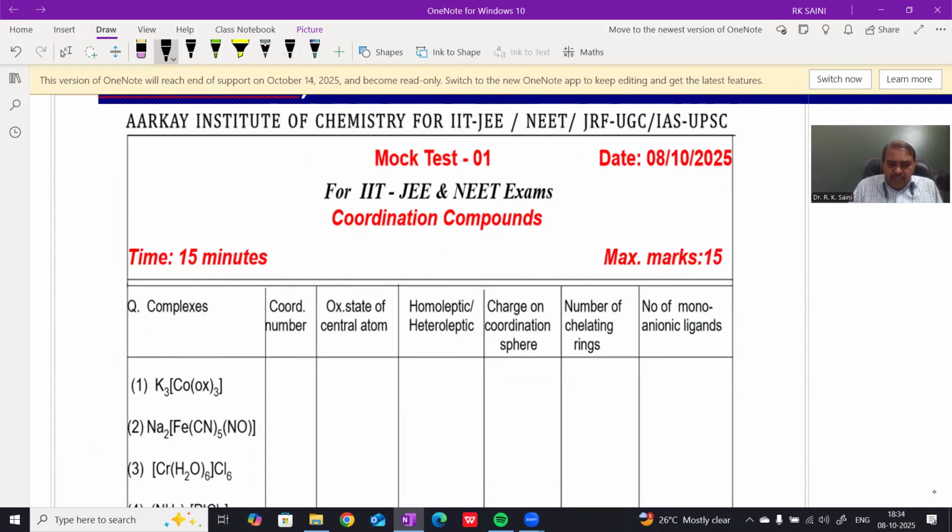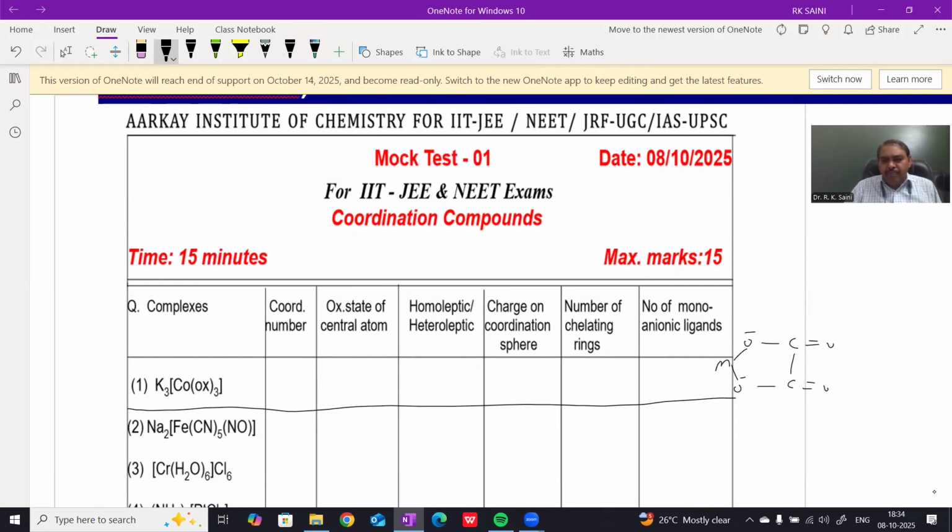We know that coordination number is the number of coordinate bonds or sigma bonds formed by the central atom in the coordination sphere. We know that oxalate ion is a bidentate chelating ligand. When it attaches with a metal atom, it forms a pentaatomic ring.